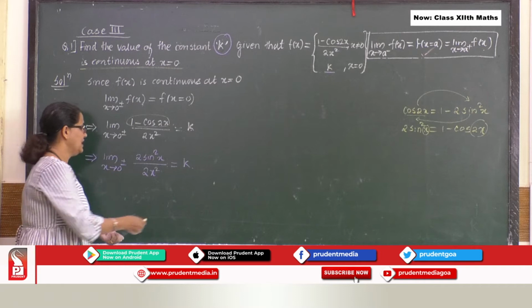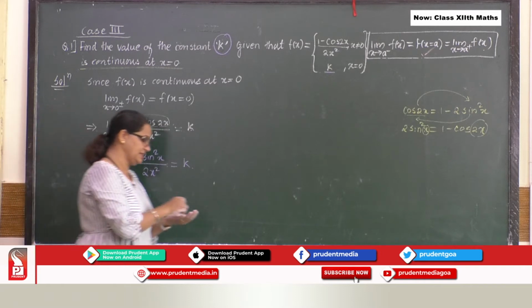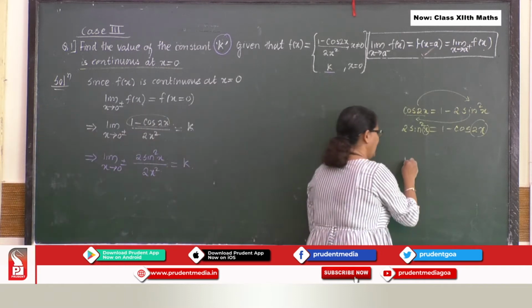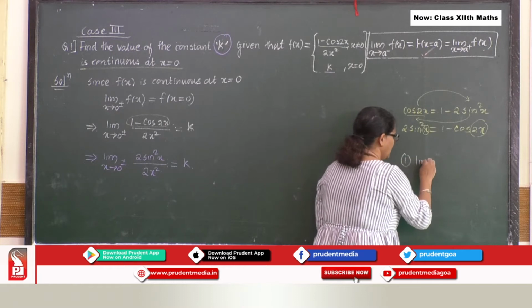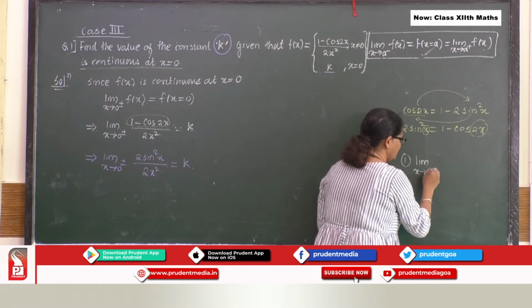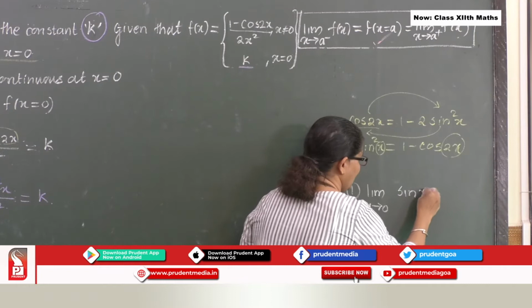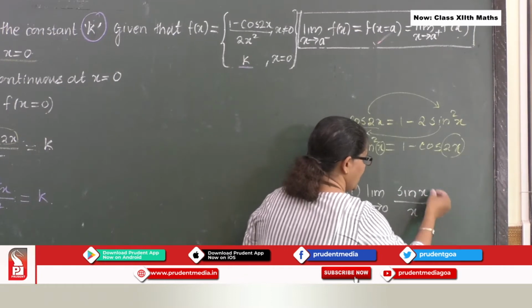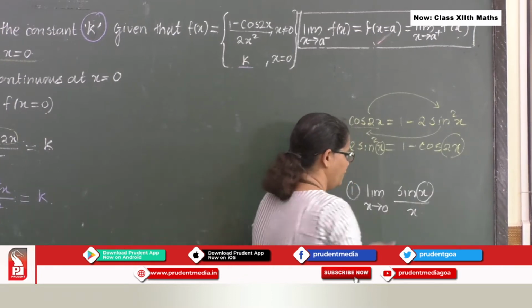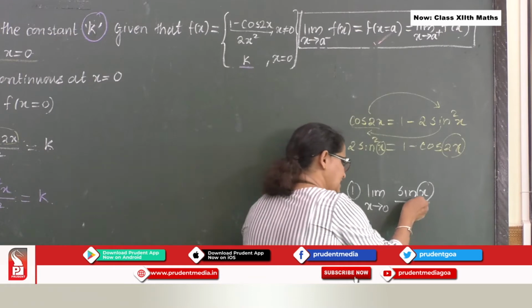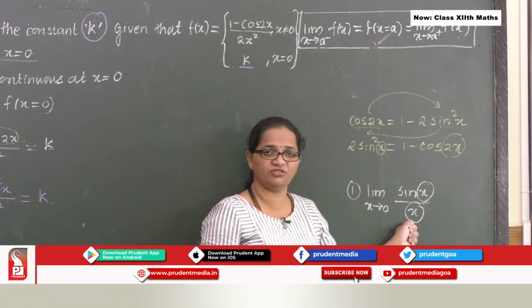Now here, I discussed many times the formula limit x tends to 0 sine x upon x, and if this angle is x, the same angle must be present over here.